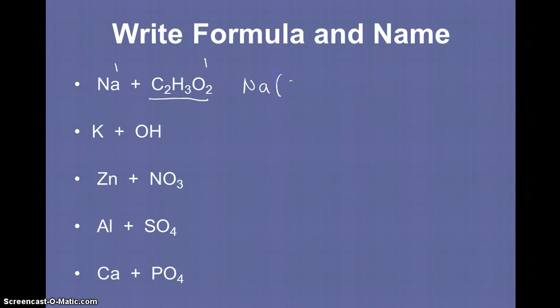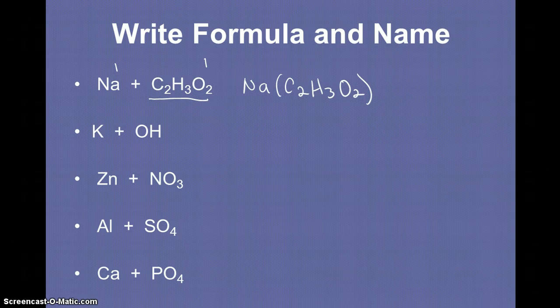Na C2H3O2. I suggest keeping parentheses around these. If you have a subscript here, that is the time that you actually need parentheses around your polyatomics. But I find that with most of the freshmen, it's easier and clearer to them if they just put parentheses around them at all times. That's not a wrong thing to do.